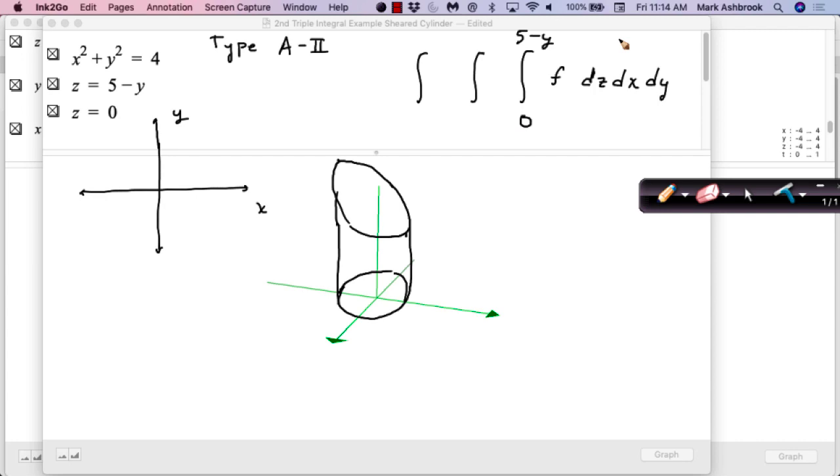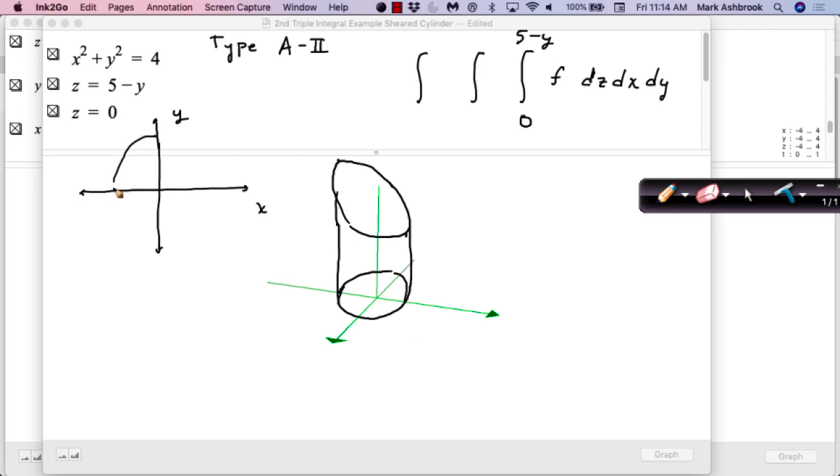All right, and then with the outside double integral, we project this thing into the xy plane. What do you get? You just get the disk, right? The shadow of this thing smashed down onto the xy plane would just be the solid disk.